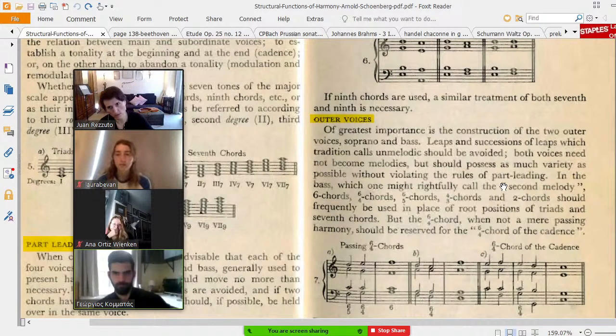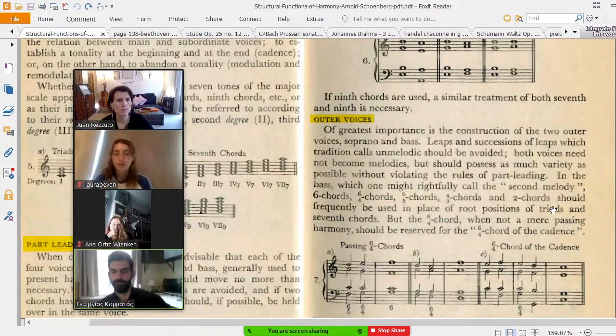So, the bass, which one might rightfully call the second melody, he talks about that in the treatise as well. 6 chords, 6/4 chords, 6/5 chords, 4/3 chords, and 2 chords. All of these are inversions of the seventh chord that we haven't seen yet. We're going to do this in the next chapters.